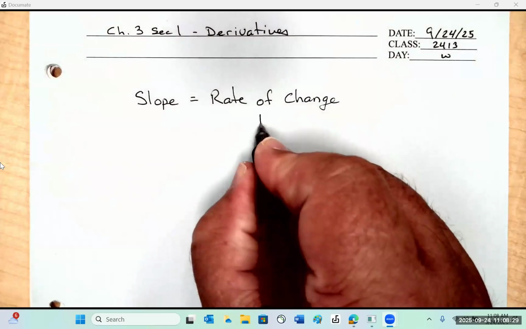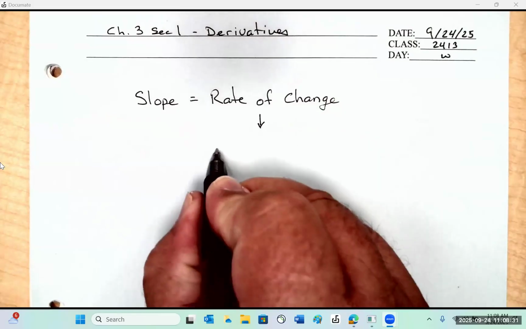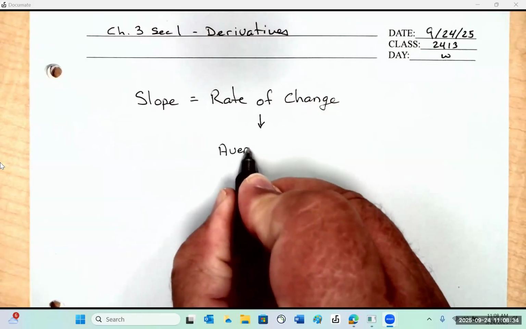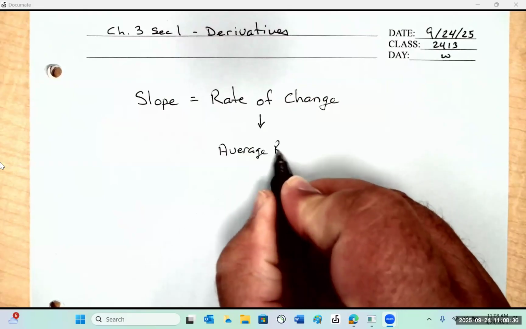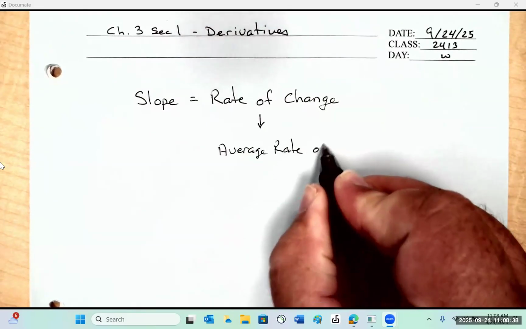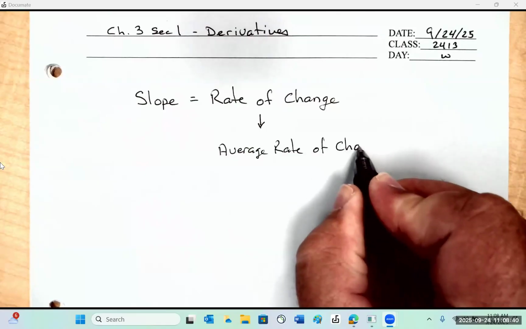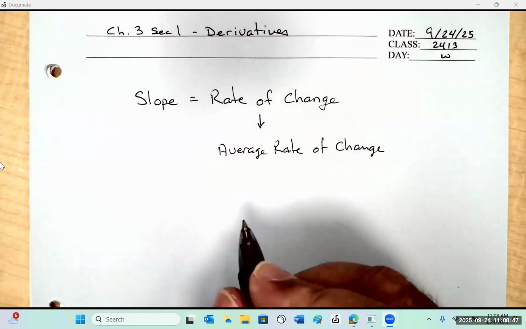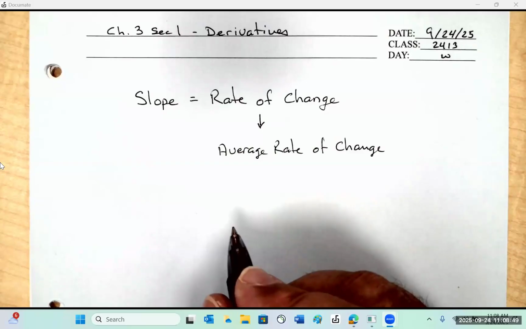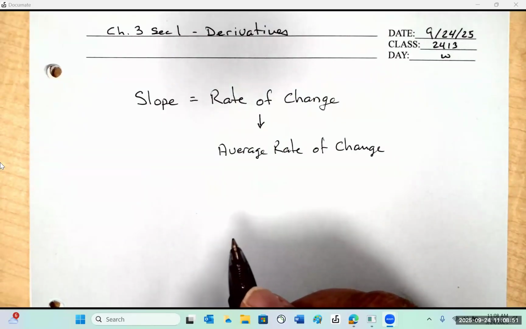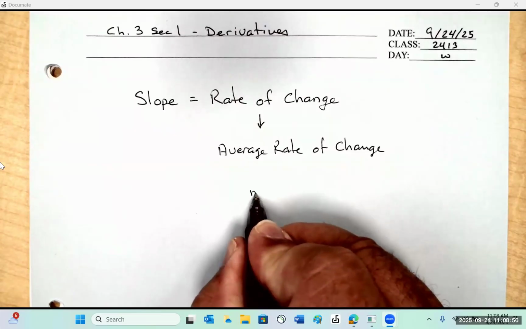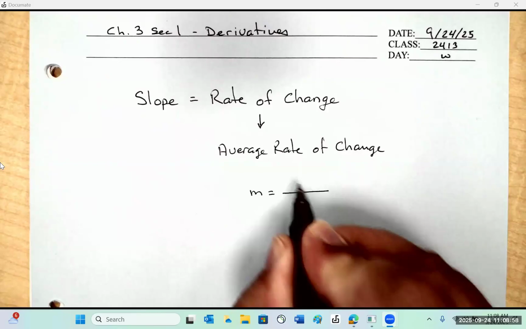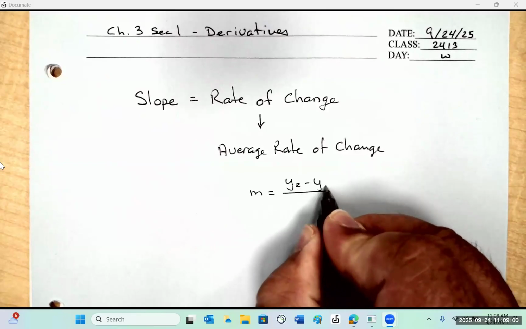So in rates of change, the first thing we talked about was the average rate of change. What was the formula for that one? Y2 minus Y1 over x2 minus x1. Yeah, it's just a regular old slope formula.